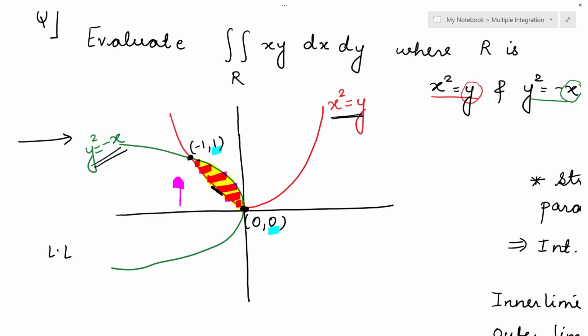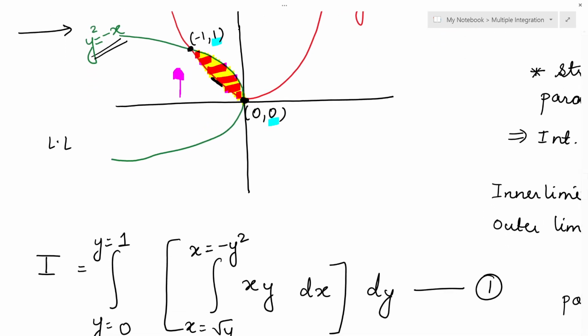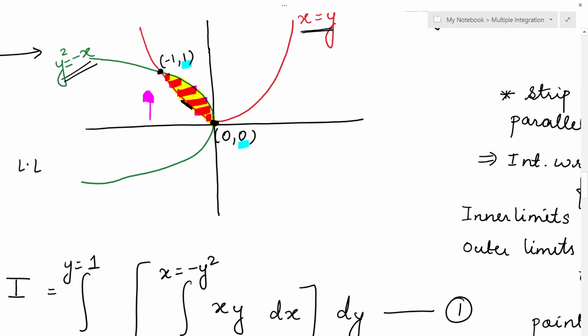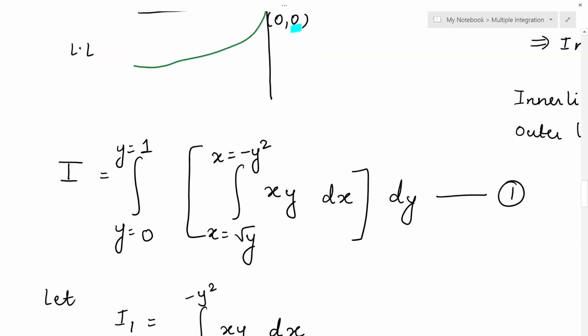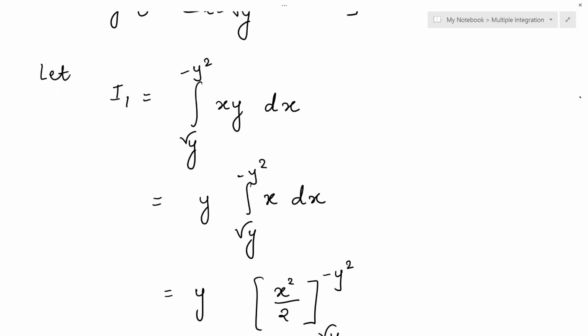Second thing you need to know is if you consider a strip parallel to x-axis, the strip will travel from down to up, and the strip where it touches the left hand corner is your lower limit, and the strip where it touches the right hand corner is your upper limit. Okay, and down to up is common.